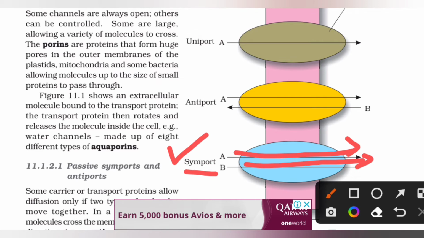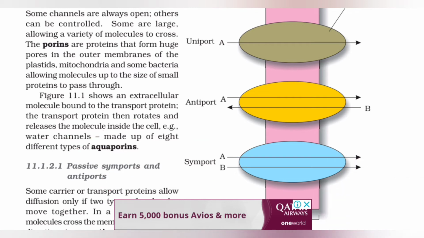Together they travel in the absorption of the small intestine, sodium as well as glucose. So they undergo the process of symport. Hope this is clear. This was about facilitated diffusion. Now there is also a role of inhibitor in this process, so that it can control the process.